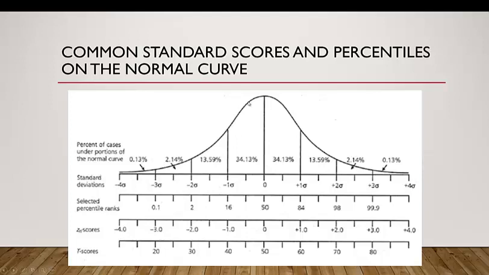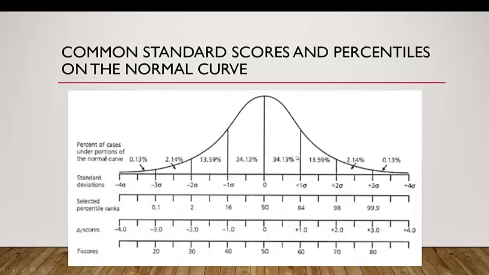In general, what this normal curve shows us is the percentage of people who fall within each standard deviation. So we can see that typically 34.13% of the population on whatever standardized score we're measuring, once we convert our raw scores to z-scores, is going to fall within one standard deviation above.